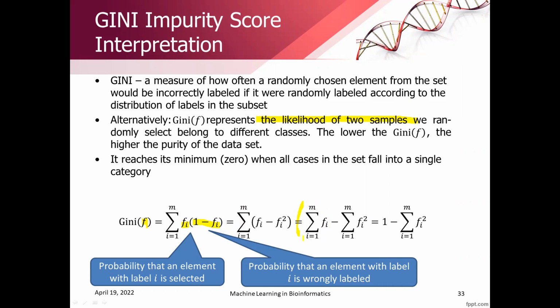The sum of Fi's should cover the whole set, so we obtain 1. And the sum of squares remains, so this is 1 minus the sum of squares of probabilities. And the square of a probability is the probability that if we select one element, with probability Fi it will belong to class i, and if we select another, it will belong to the same class. And this is the complement, so it can be interpreted as the probability that if I select two elements, one belongs to one class and the second to some other class.